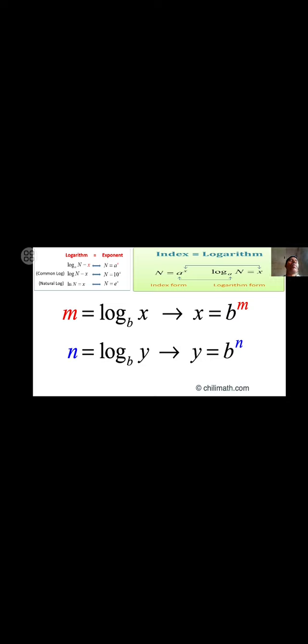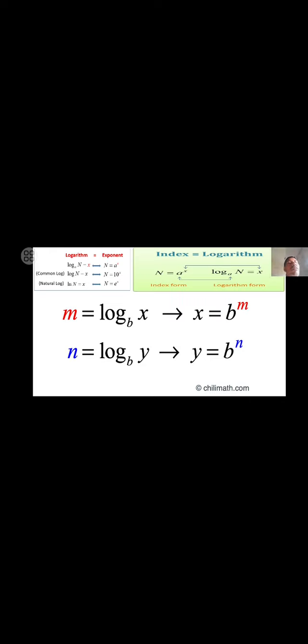Look here, the index equals logarithm. Here a is the base in both terms, and the power is taken on the right side and the value is taken on the left side. If we understand this much conversion, then we can easily shift from logarithm to exponent and exponent to logarithm.